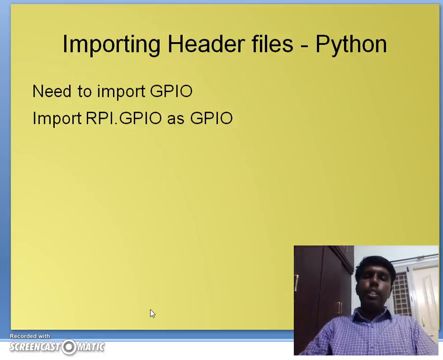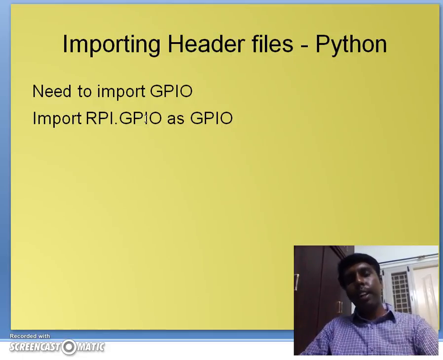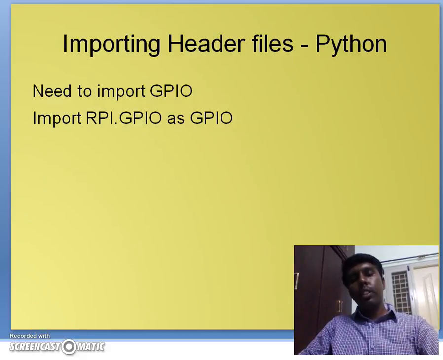And for Python you need to import GPIO. So this is all about the introduction, and from now we are going to learn about the programming part which you need to do for this Raspberry Pi OS. We will discuss in more detail about this programming from the header, using Python for the coding.